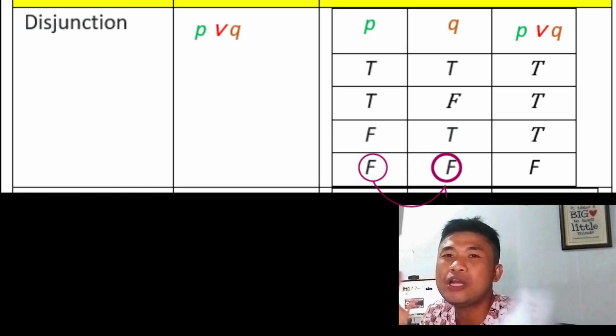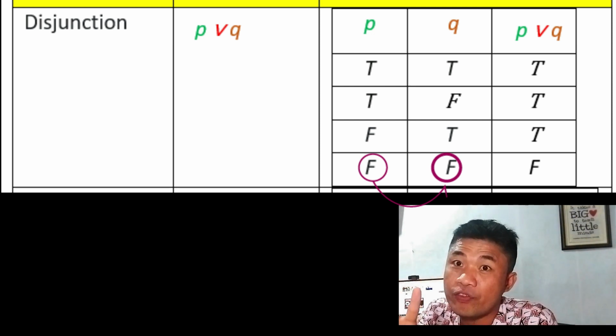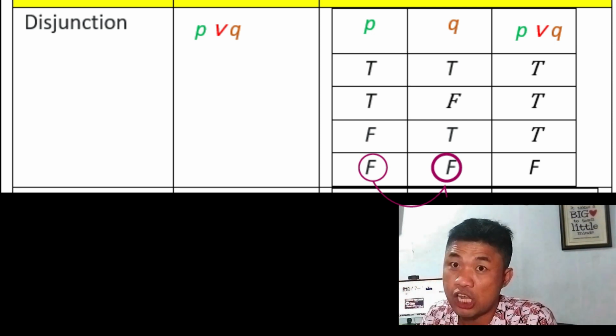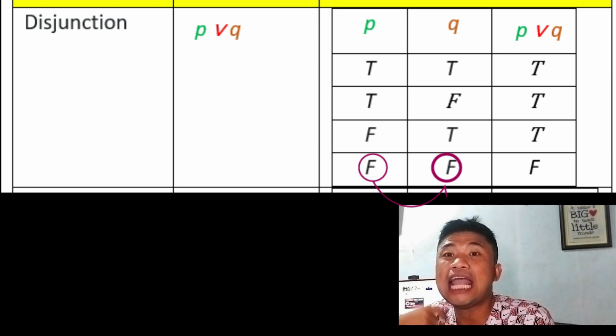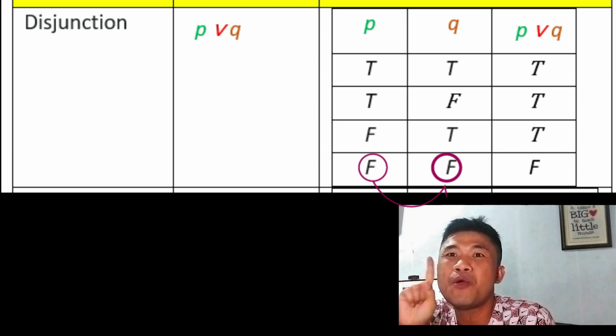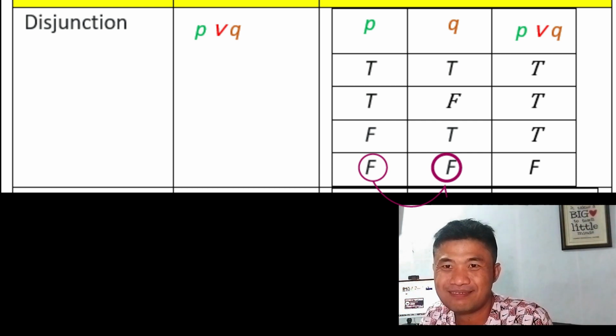At least one. No need for both as in conjunction, where you need both propositions true to have the result true. In disjunction, you need only one. It's either which proposition is true, then you have the result true. And the rest false. Very easy.